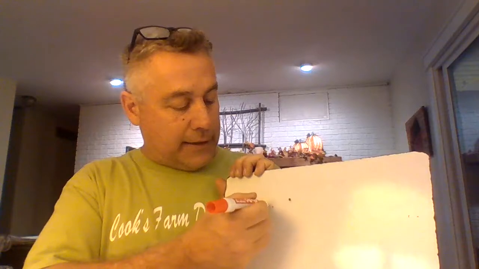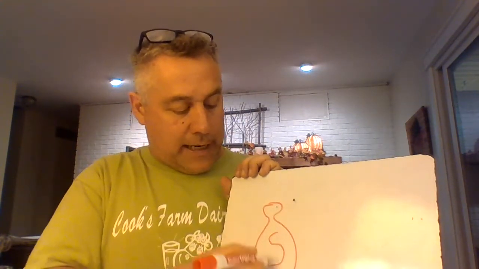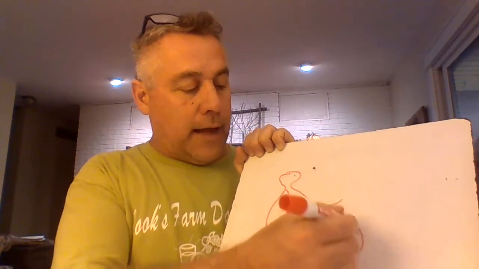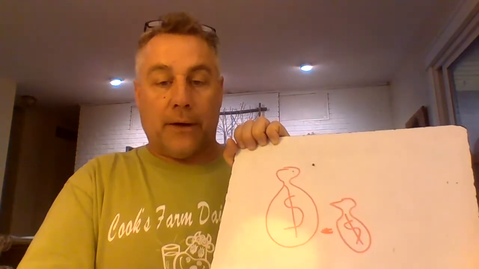Okay, so to begin with, subtraction means that we're going to take a smaller number from a bigger number. Now, when you get a little bit older, you'll actually be able to take a bigger number from a smaller number, but I want you to think of it this way for now. If somebody has some money in a bag, another person could take a small amount of money out of that bag, right?